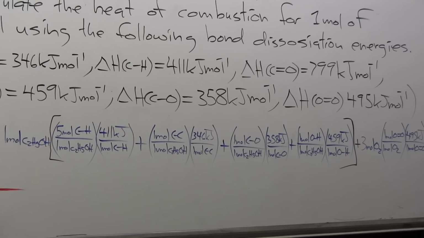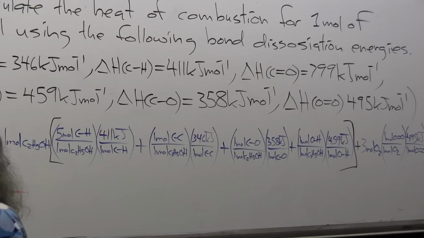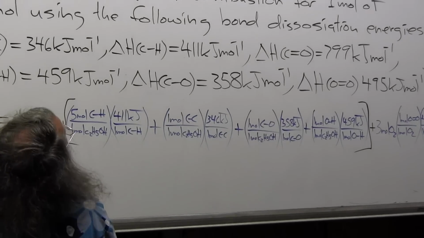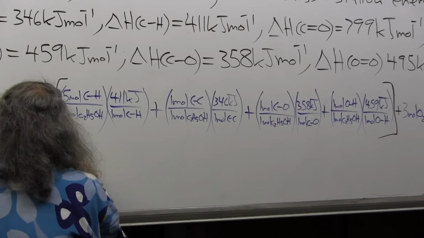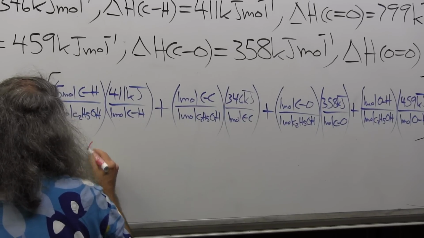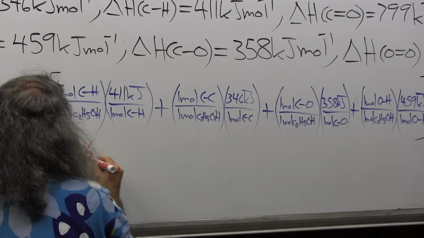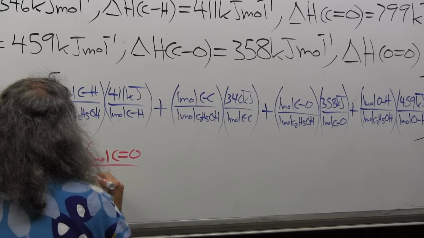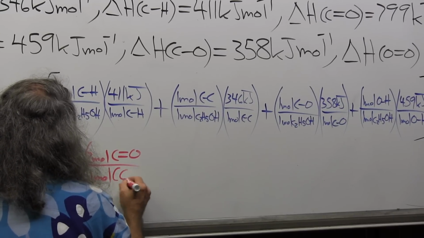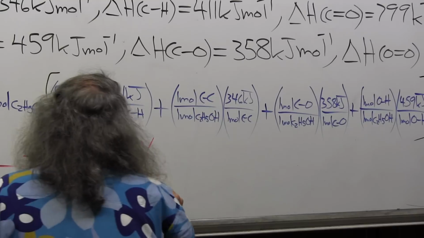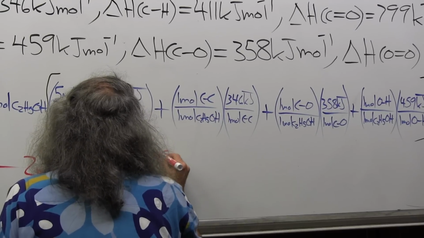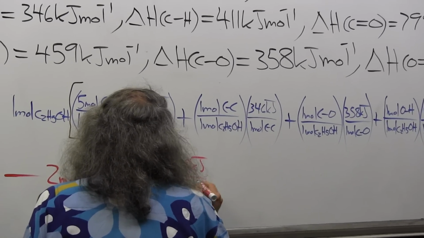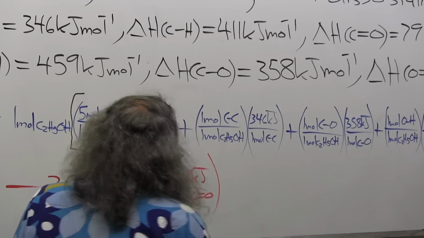Minus, and then there's going to be 2 moles of carbon dioxide, CO2, and there is 2 moles of carbon oxygen double bond for every 1 mole of CO2, and 799 kilojoules for every 1 mole of carbon oxygen double bonds in CO2.